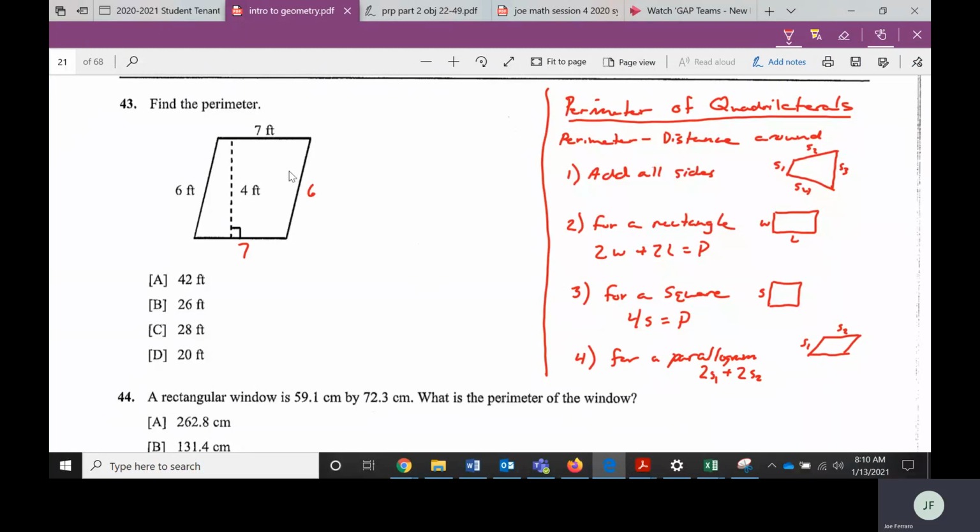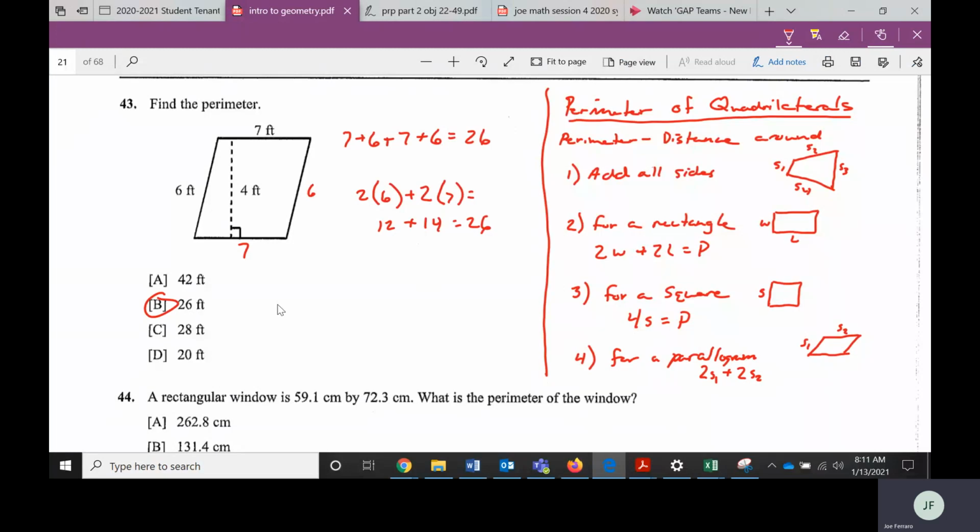Eventually when we look at area, you would need that. We could just add all the sides, that would equal 26, or we can go 2 times one side plus 2 times the other side. That would be 12 plus 14, and that equals 26. So either way works there.